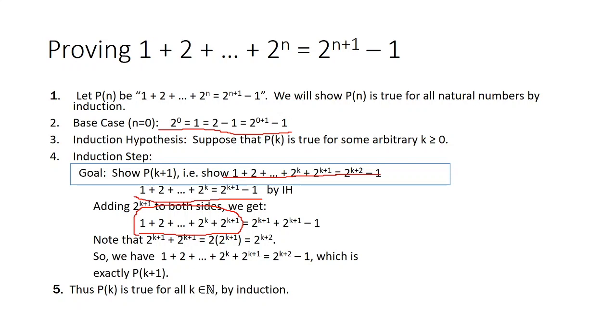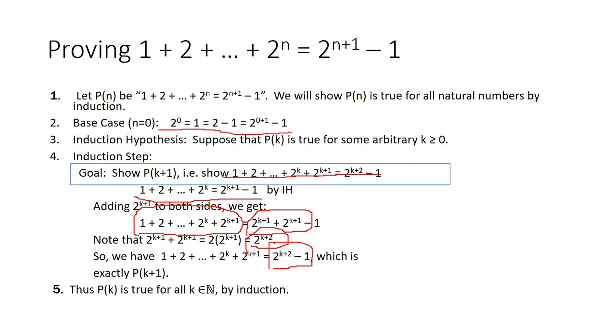2 to the k plus 2 for these two terms, because they are the same, and that is 2 multiplied by 2 to the k plus 1, that is 2 to the k plus 2. After that we can see the right side will be like this.